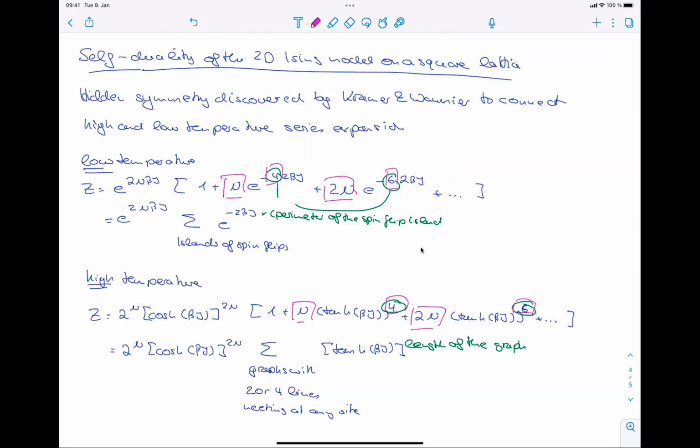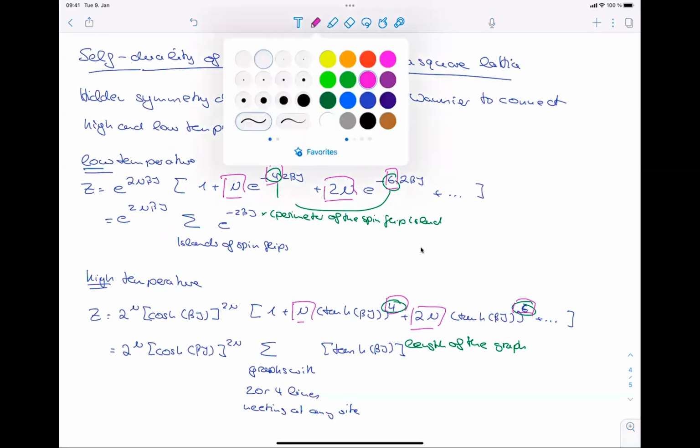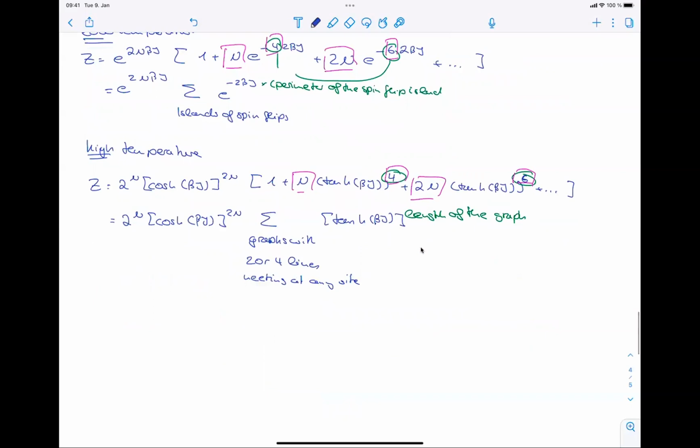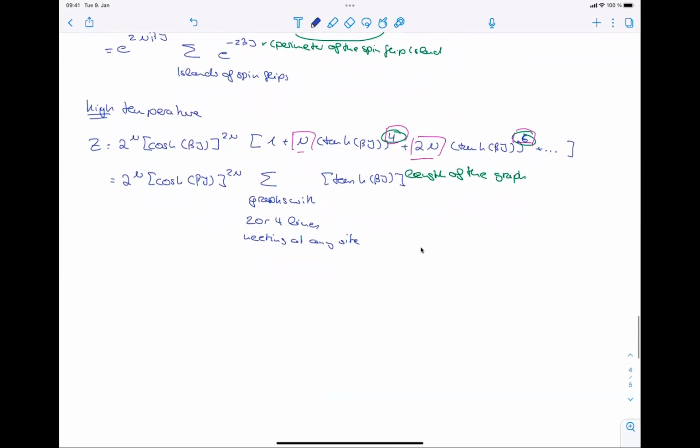So what can I do with this when I discover this? Why is this actually? And so we're lucky because we chose the square lattice. Because if we take the square lattice, okay, now my drawing skills.